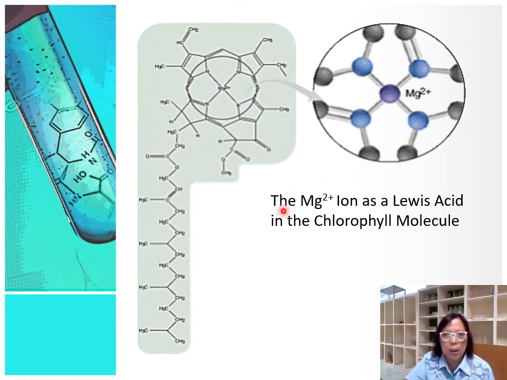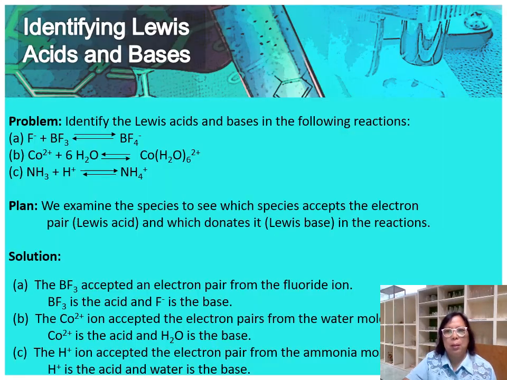This is the magnesium ion as a Lewis acid. And this is within the chlorophyll molecule, the greening of the leaves. Function of this.